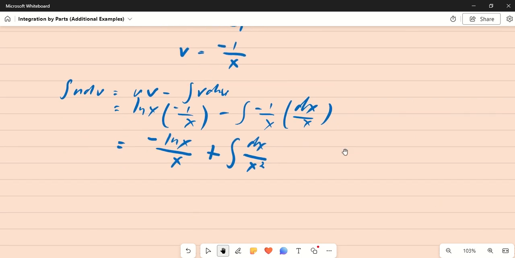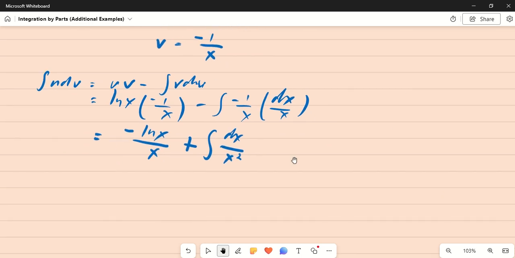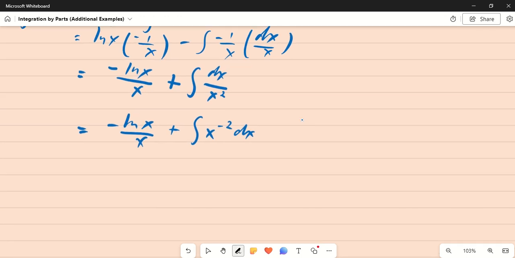Okay, then after that we simplify. So you have negative ln of x all over x plus the integral of x raised to negative 2 dx, so that we can apply basic integration techniques here in this part of our solution.